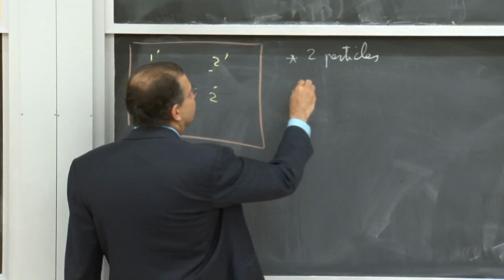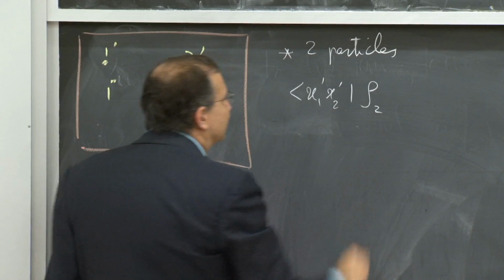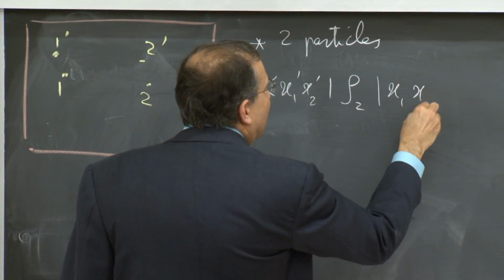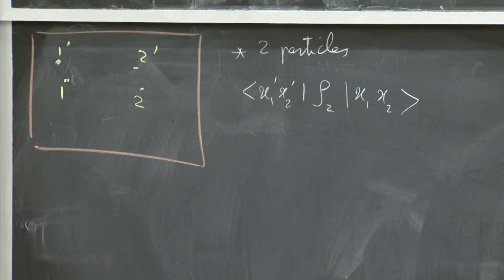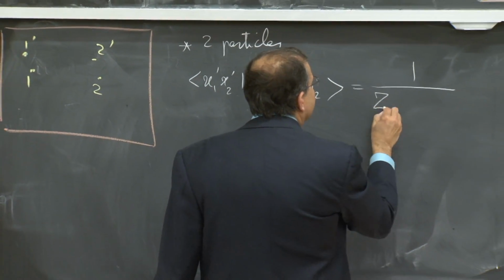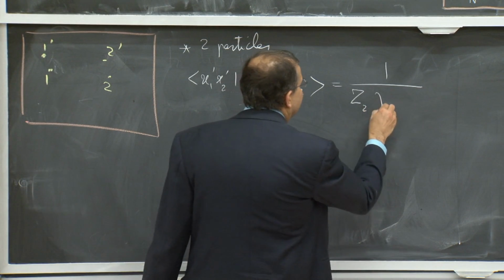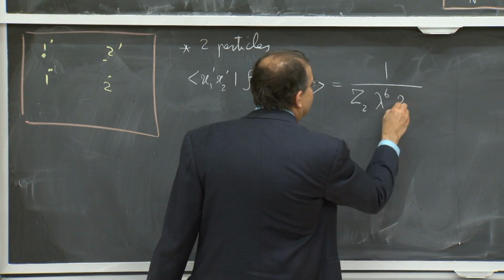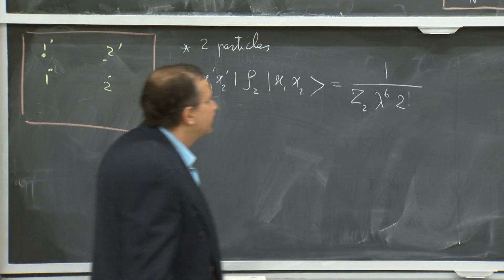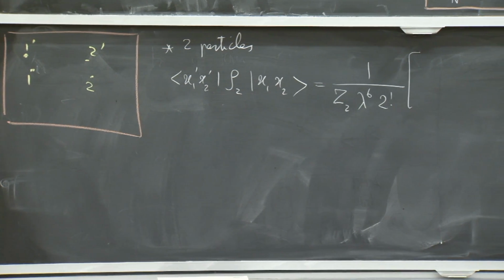It tells us that to go from x1 prime, x2 prime, the two-particle density matrix, connecting to x1, x2 on the other side, I have 1 over the two-particle partition function that I haven't yet calculated, lambda to the 6th, n factorial in this case is 2, and then for two things there are two permutations.